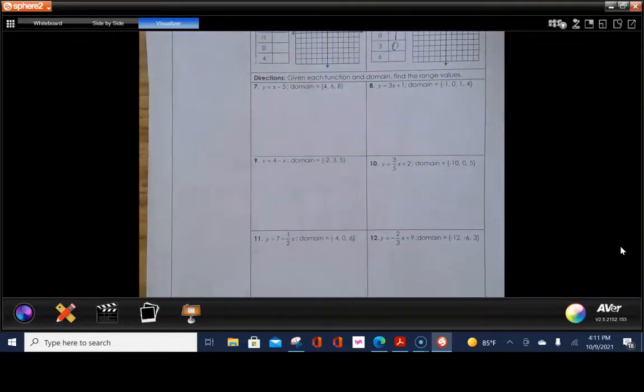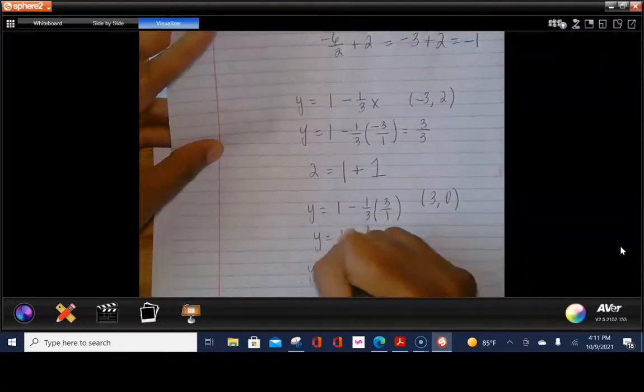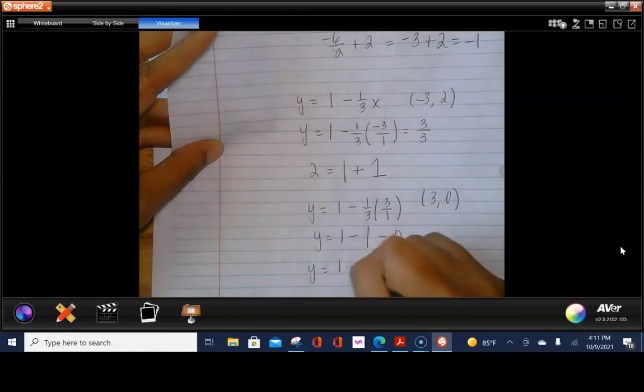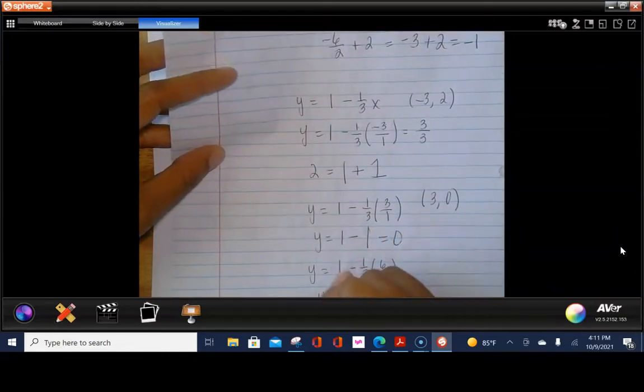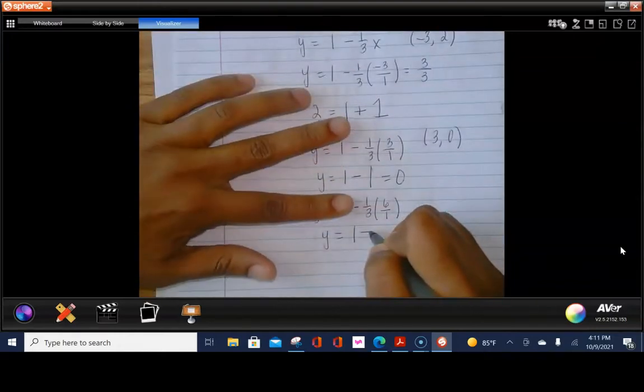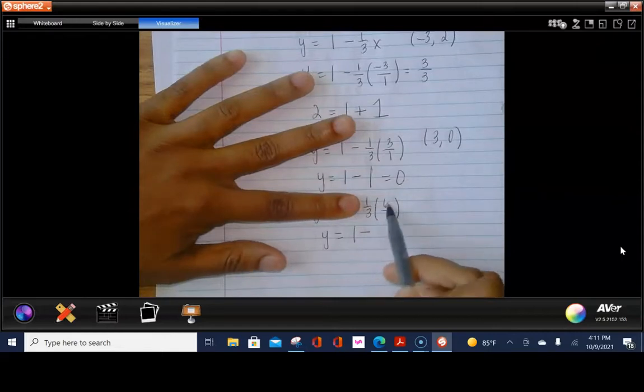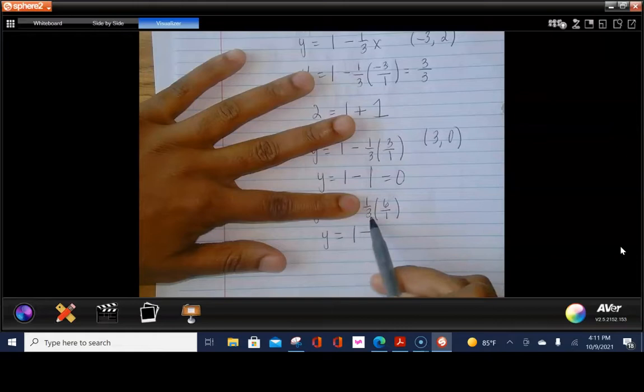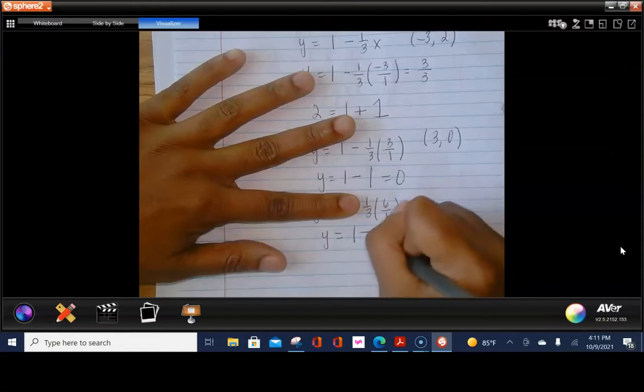All right, now I'm going to do it once more, doing 6. So y is equal to 1 minus 1/3, and then 6 over 1. So I have y equal 1 minus, and then I'm covering this up. 1 times 6 is 6. 6 divided by 3 is 2.